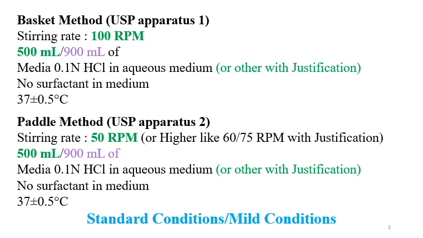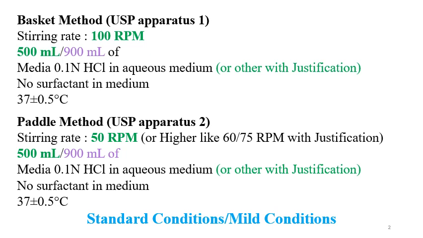If the formulation is not an immediate release formulation, or if it contains a low soluble API, then surfactants can be used. Also, then the media volumes can be different. But as there is no problem of sink condition for highly soluble APIs, 900 ml media volume is sufficient, and basket method with 100 rpm is sufficient, and paddle method with 50 rpm is sufficient.